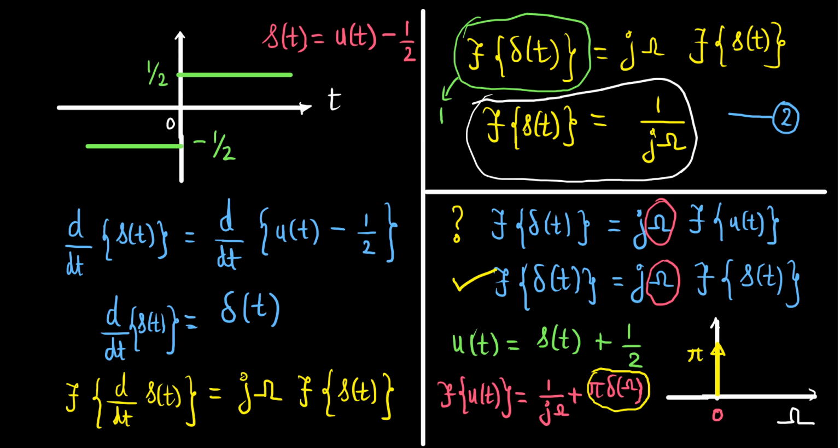This shifted version of u of t has a special name, called the Signum function. In fact, this is a scaled version of the Signum function. The Signum function is defined as being 1 on the positive t-axis and -1 on the negative t-axis.